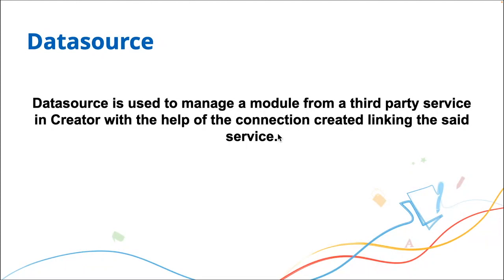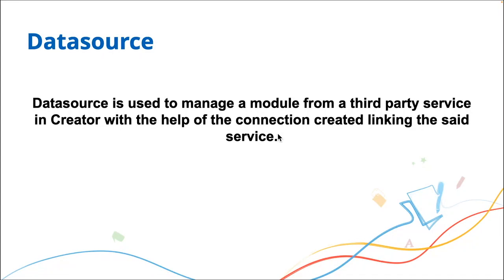Now, there's another term which is called data source. We've established this connection in order to perform something, right? So now, the next step is the data source. When you establish the connection, next you want to access the data from the other third-party service or other Zoho suite of applications.